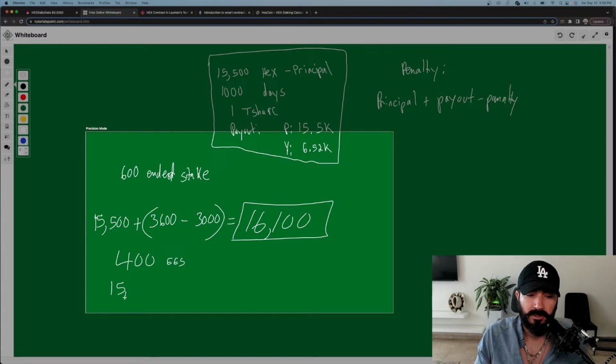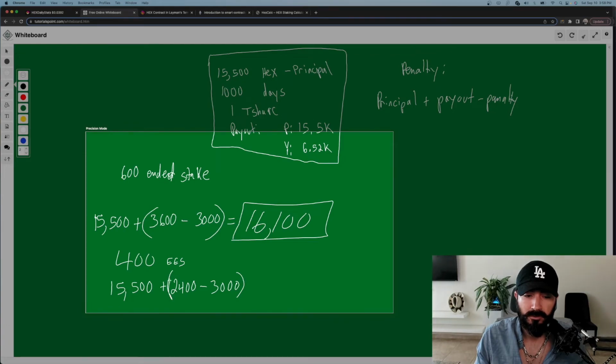The principal's still the same, 15,500 plus, and now you have 400 times 6 HEX per day. 4 times 6 is 2,400, minus half the days committed, which is still 1,000, so it's still 3,000, because everything else is the same. Half of 1,000 is 500 times 6 is 3,000.